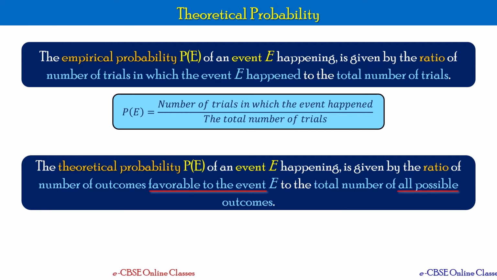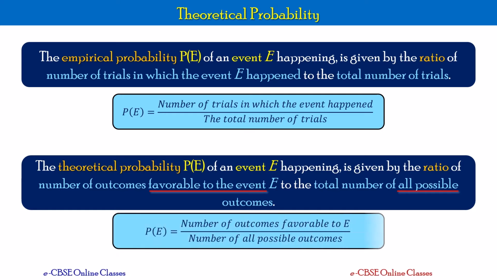When it says favorable and all possible, we're not performing the experiments. We are basically looking theoretically at what all the possibilities are and what the favorable outcomes are for the event E. The equation goes like this: P(E) equals the number of outcomes favorable to E divided by the number of all possible outcomes.